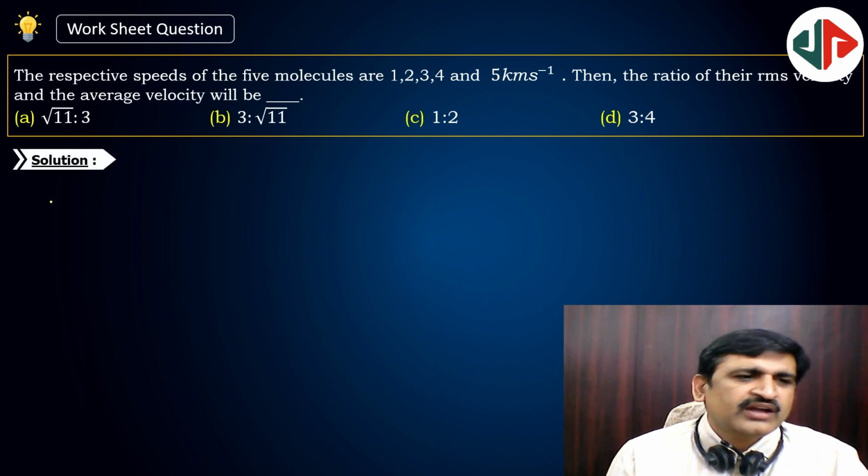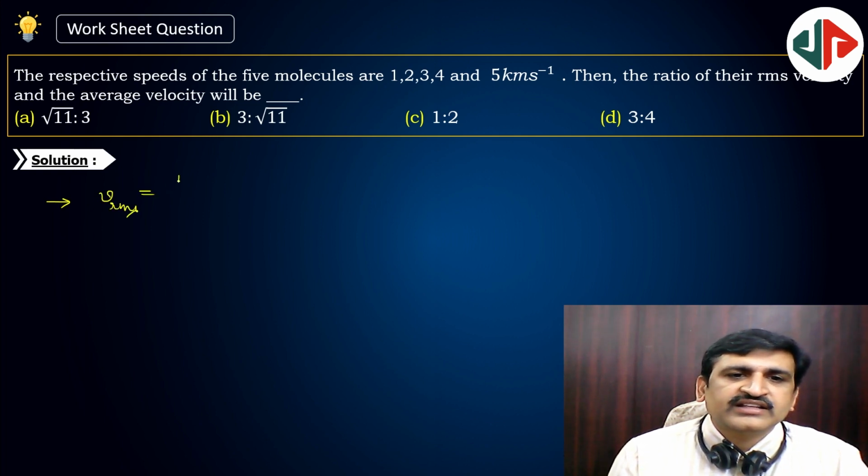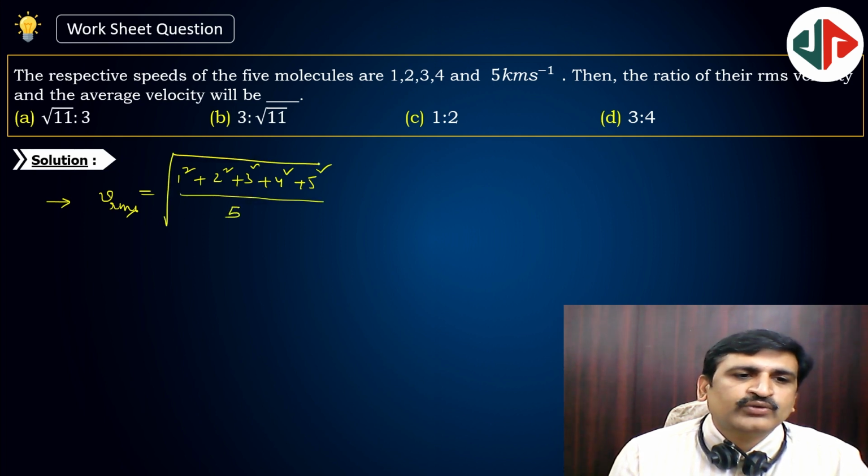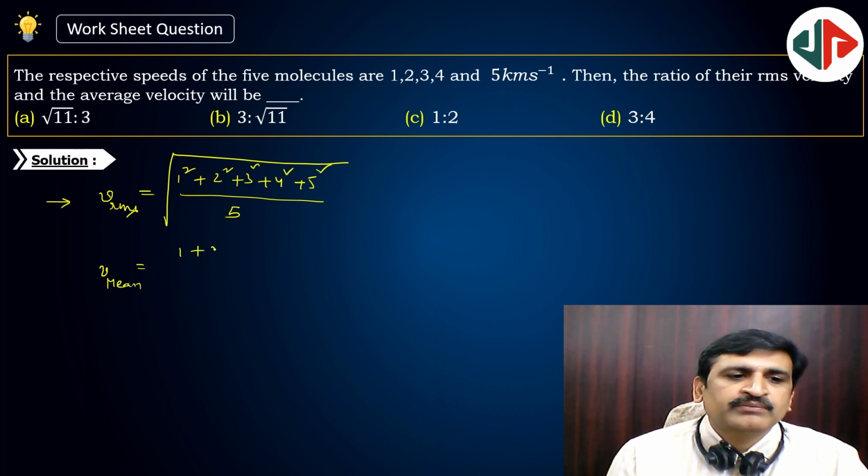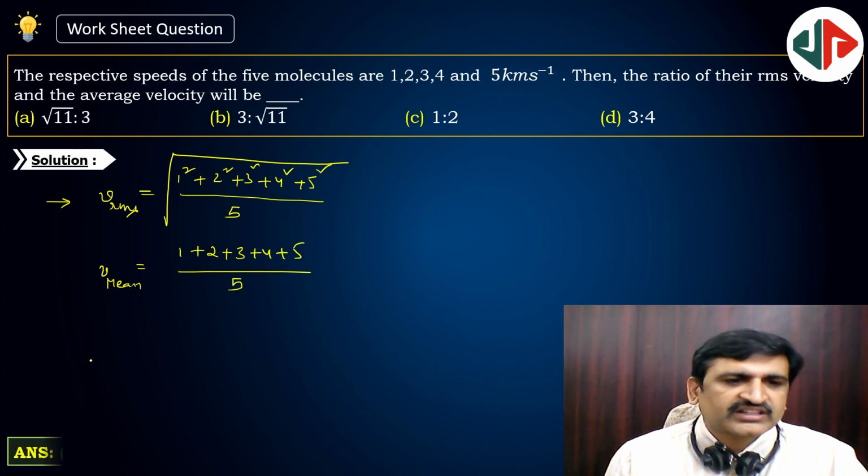You need to do RMS velocity and average velocity. VRMS, I'll write the formula: root over 1 square plus 2 square plus 3 square plus 4 square plus 5 square by 5. And V mean or average is equal to 1 plus 2 plus 3 plus 4 plus 5 by 5. So dividing one with the other, why should I waste time? So this is the answer.